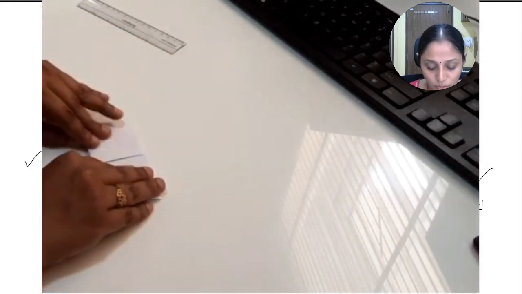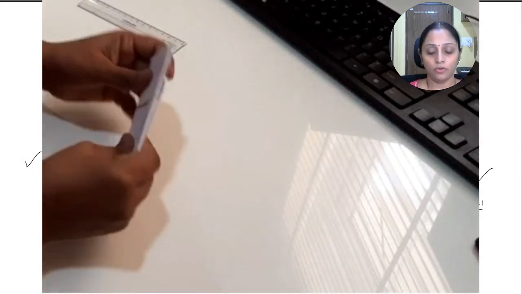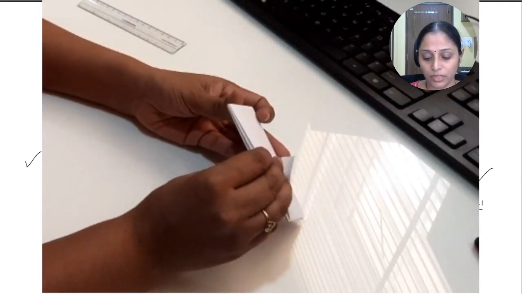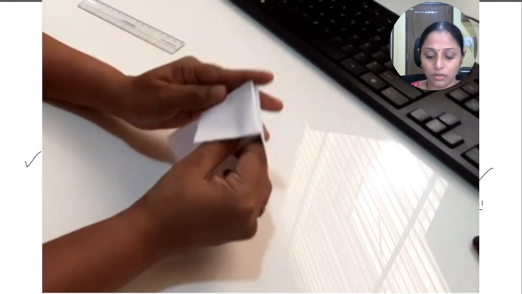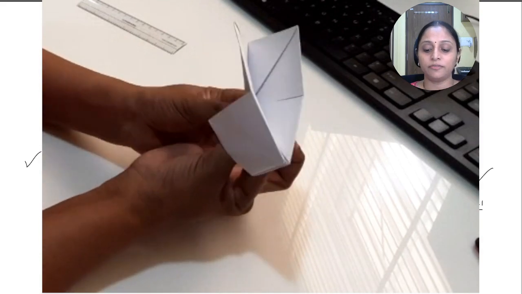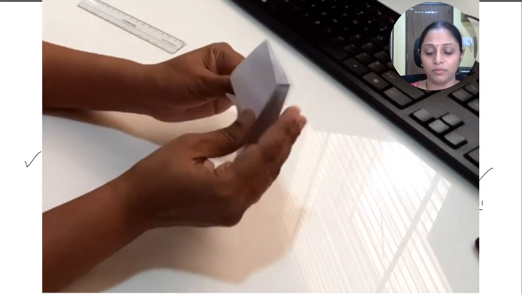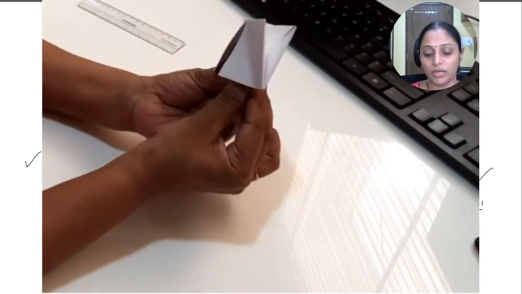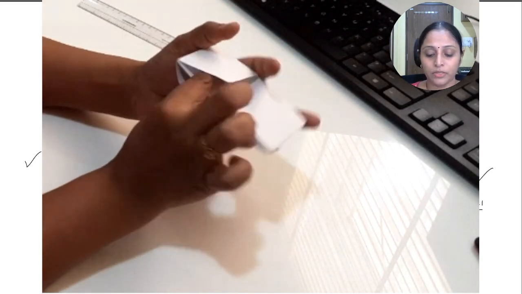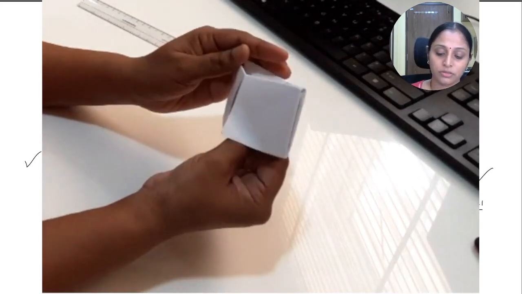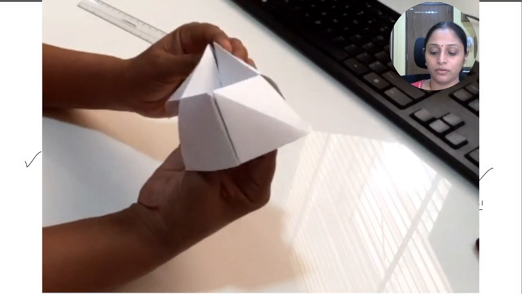Right? I'm sure by this point all of you are able to recall the game that I'm talking about. Probably it has a different name in different regions of the country, but usually it's known by the name tip top, right? So here you have 4 options that you can fill out.